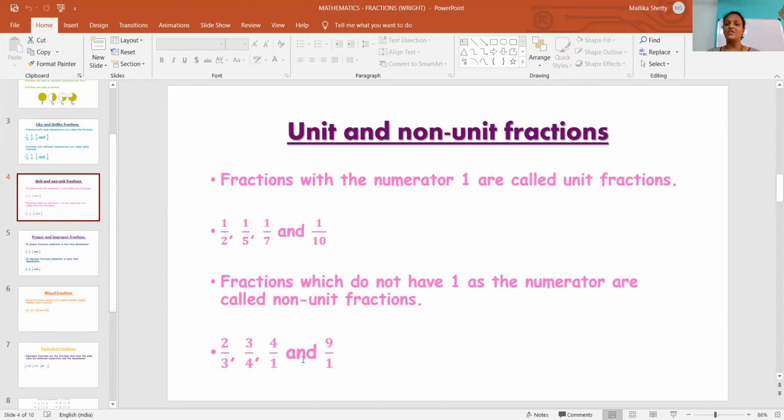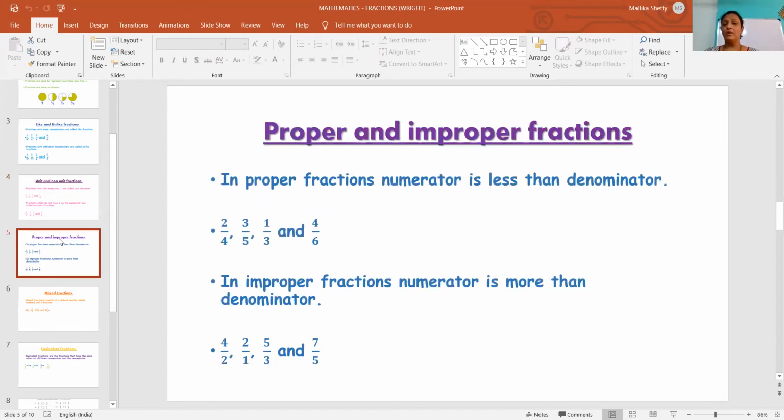There is a like fraction in the non-unit also. Can you tell me which one? 4 by 4. Okay. What are proper fractions? The numerator is less and the denominator is greater. If the numerator is greater than the denominator, then it is called an improper fraction.